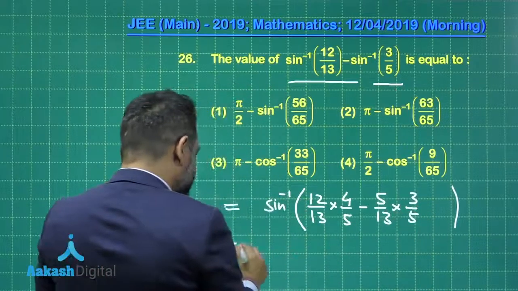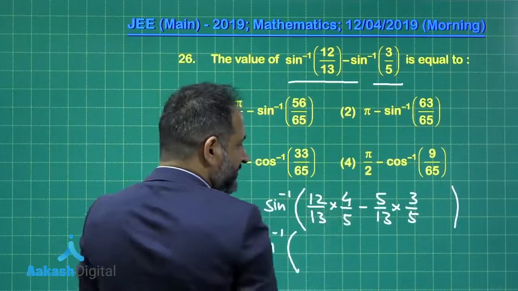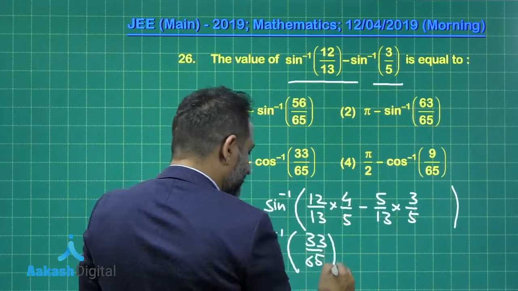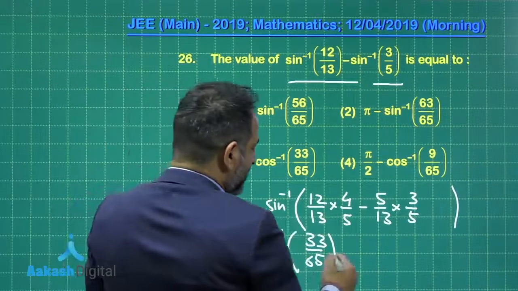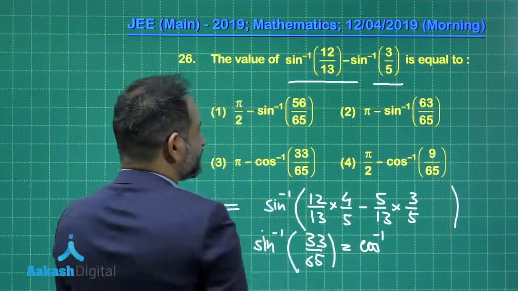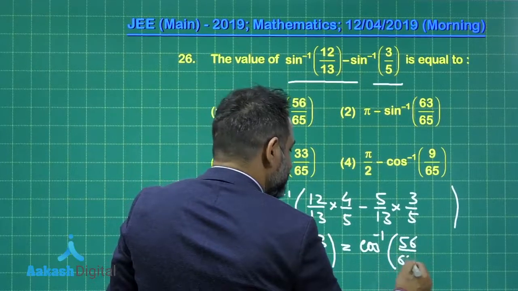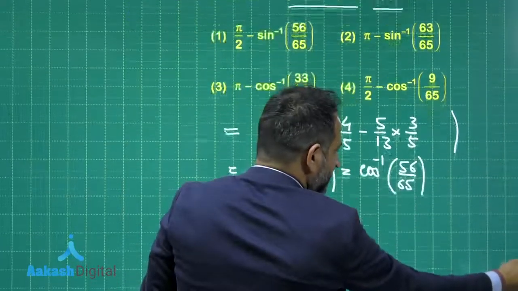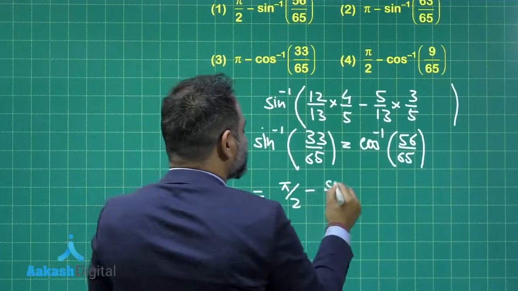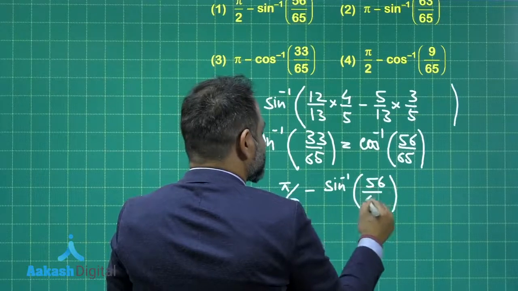So this comes out to be sine inverse of 48 minus 15, which is 33 by 65. Now, if you convert this in terms of cos, this will be cos inverse 56 by 65, and this again can be written as pi by 2 minus sine inverse 56 upon 65.